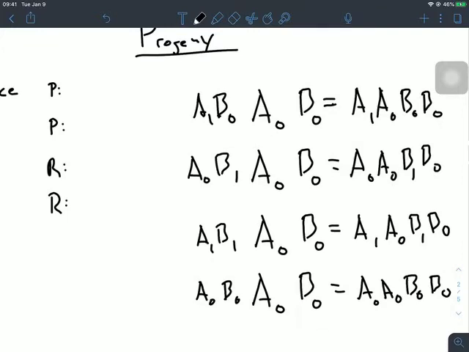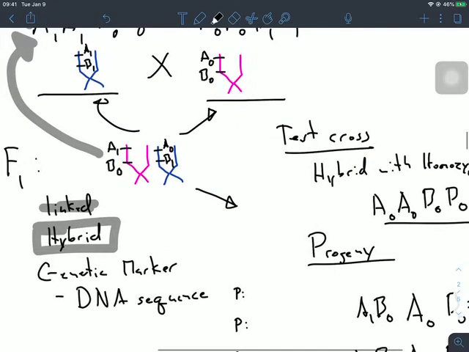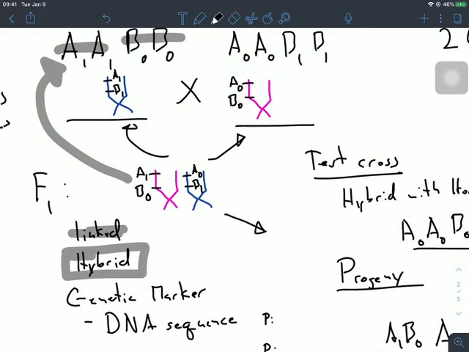What you will notice here is that your parental types are the ones that actually have a mismatch in the alleles, because the original parental types also had a mismatch in the numbered alleles here.